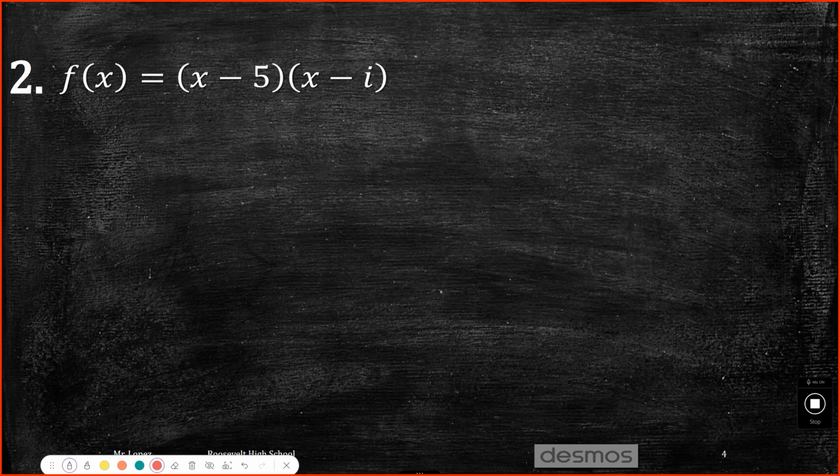Maybe I wasn't too clear on, let me stop you on what conjugates are. Everybody, look. If I told you x plus i is a solution, what must also be a solution? That's called conjugates.